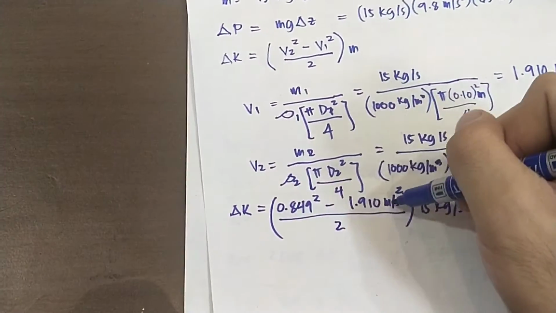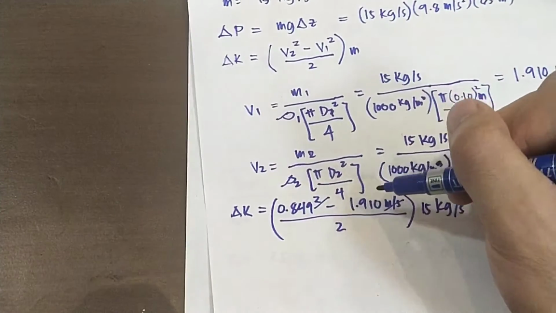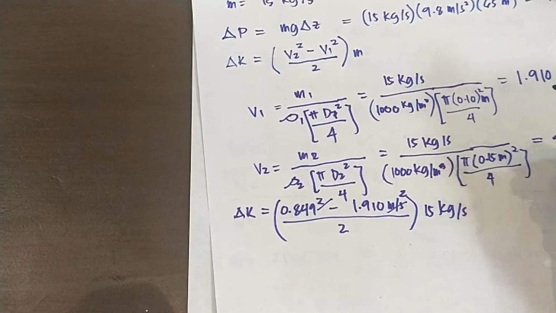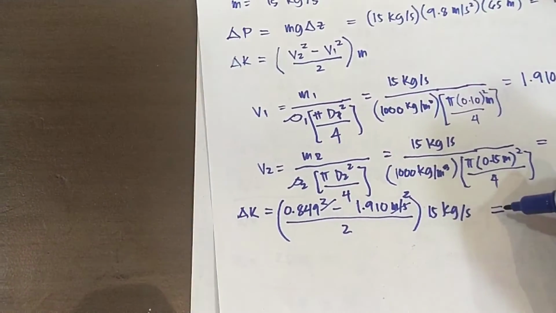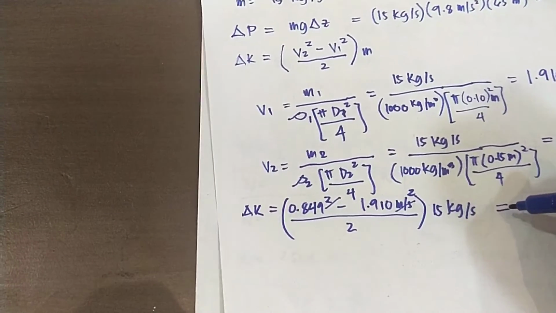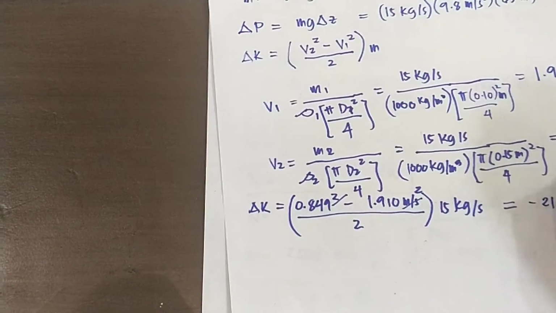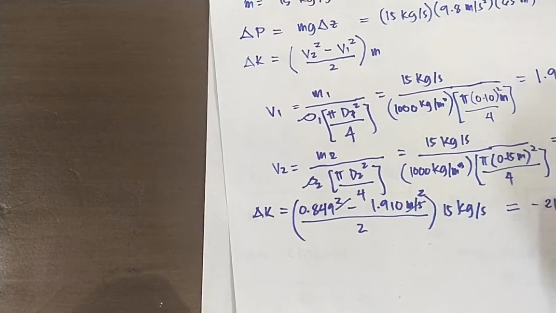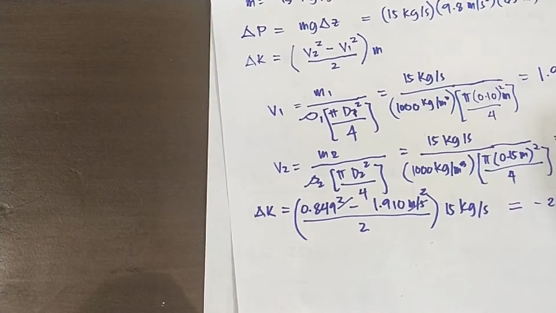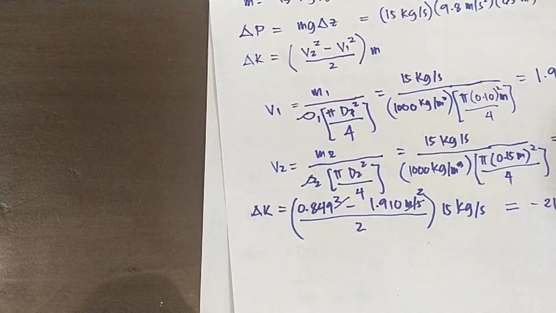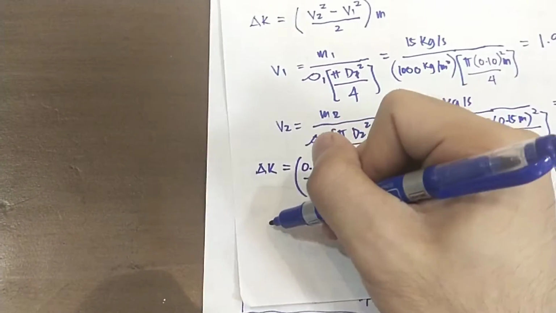So cancel the unit, meters per second, and our change of K will be negative 21.955 kilograms per second.